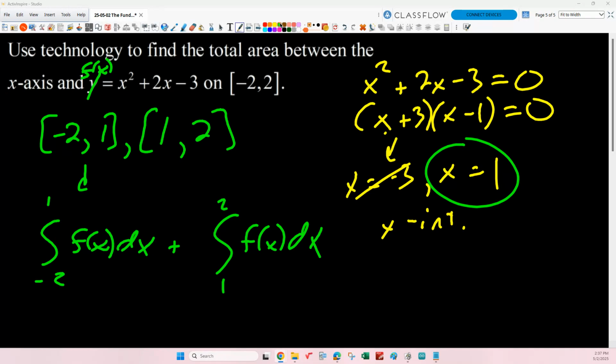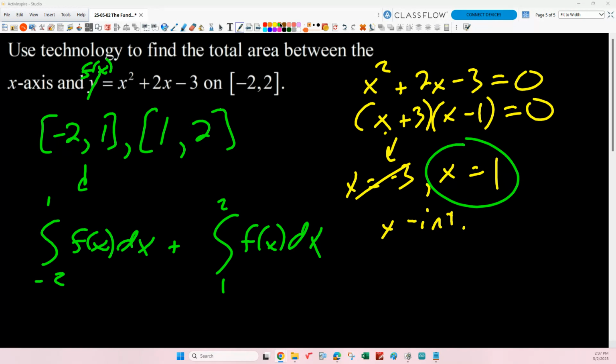But if I did that, this would give me a negative value, because we saw from the graph that the function is below the x-axis from negative 2 to 1, and it crosses over and is above the x-axis from 1 to 2. To ensure that I'm always adding up positive area, what would I do? Absolute value.